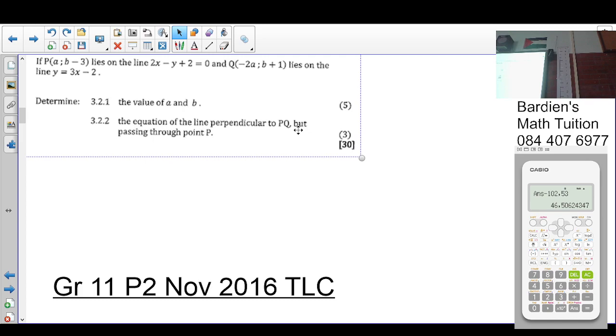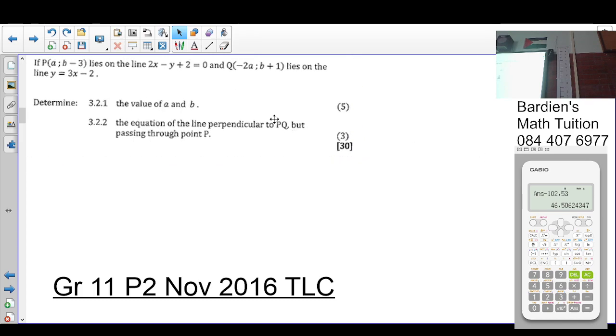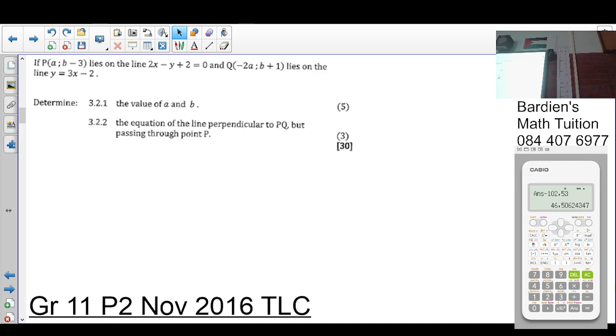Okay, so in 3.2, we've got P, which is (a; b minus 3), lies on that line. And Q, which is (negative 2a; b plus 1), lies on that line. Determine the value of a and b. It's two unknowns, so it will definitely go into simultaneous equations. Not so?